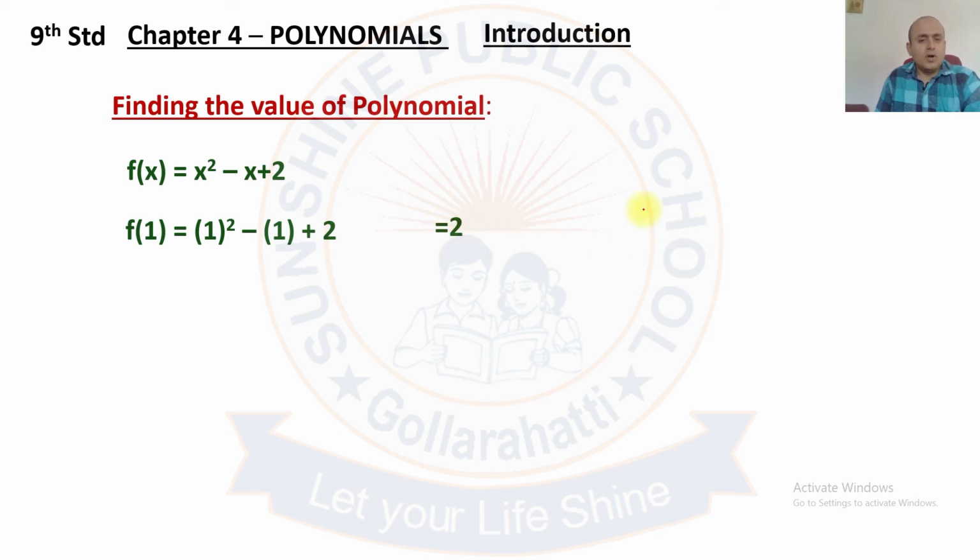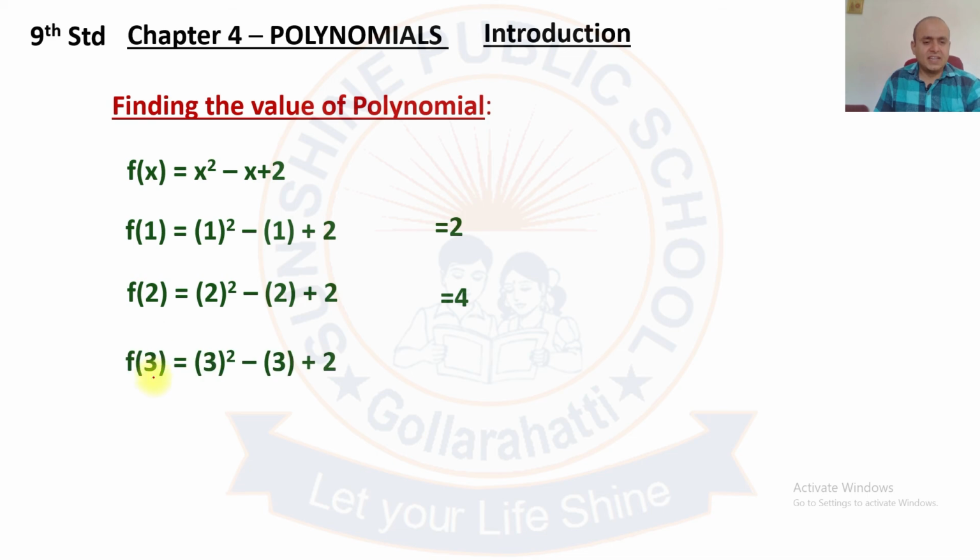This is how to find the value of polynomials. Next, if you take the value of x as 2, that is 2 square minus 2 plus 2, the answer is 4. If you take the value of x as 3, that means 3 square minus 3 plus 2, 3 square is 9, 9 minus 3 plus 2, the answer is 8.